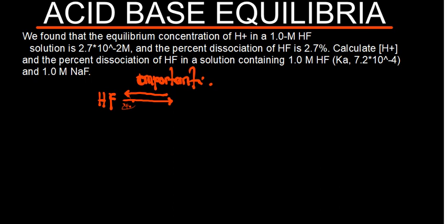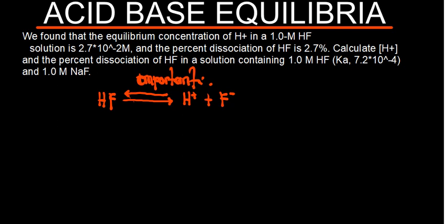Now, once you have such an equation, you have the basic components: the H plus, the hydrogen ion, and the fluoride ion. We have the reactants here, and we also have the products.